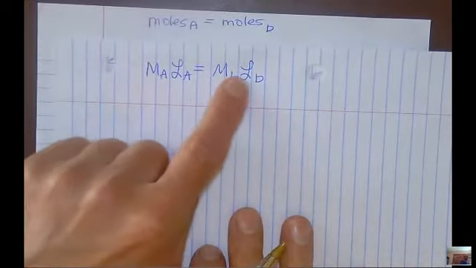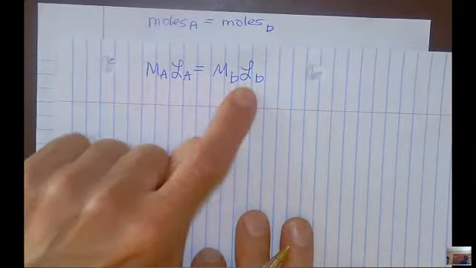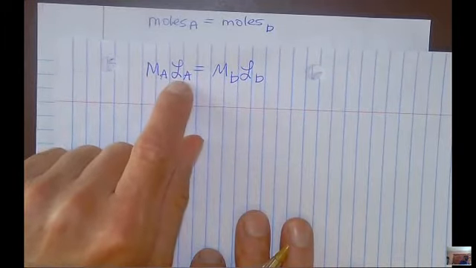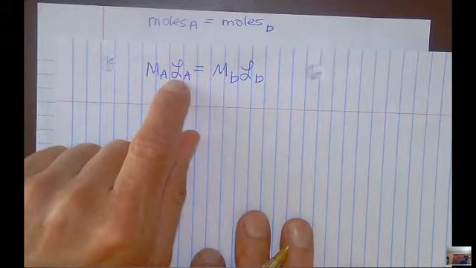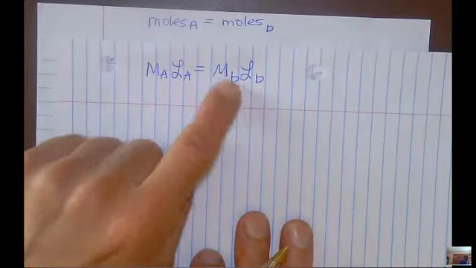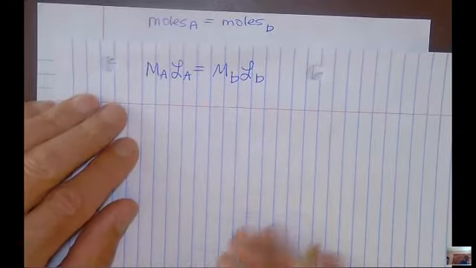This reminds you of the dilution formula. It just happens to take the same form as the dilution formula, but what we did with the dilution formula was we were able to substitute V's in here so you could work directly with milliliters if you wanted to. You can do that here too because you're being consistent.